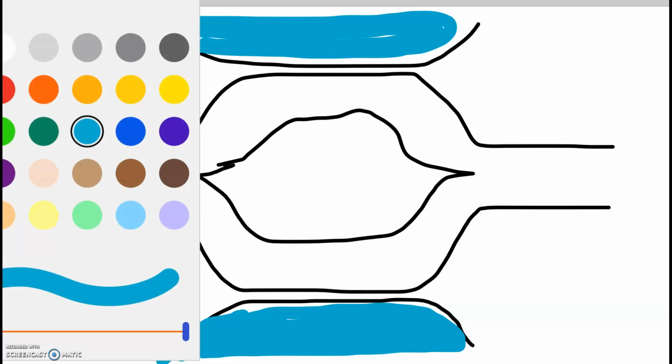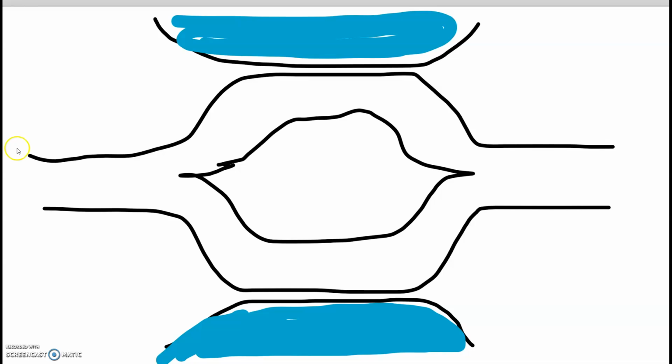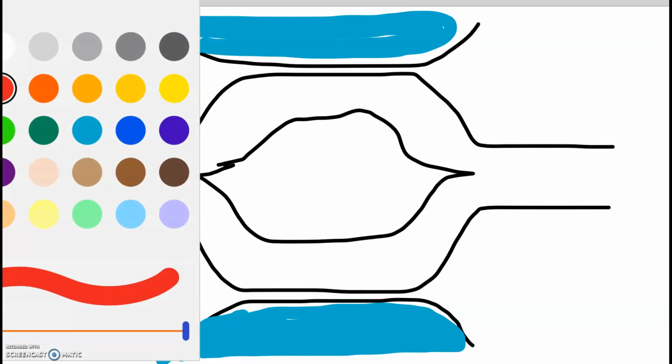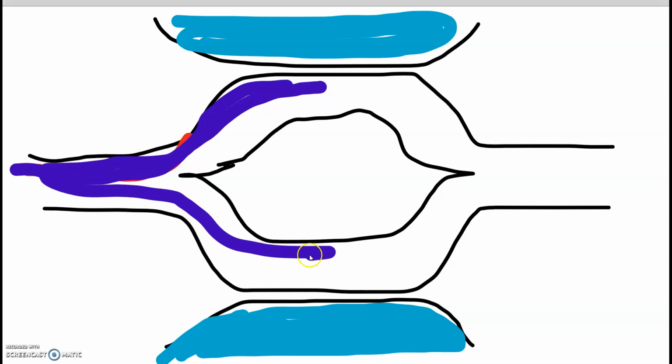But let's get this on here. Okay, so this drawing helped me when I was trying to understand it. This is your pulmonary artery. I'm sorry, it's actually supposed to be blue blood coming in like this. Okay, blue blood going all around here.